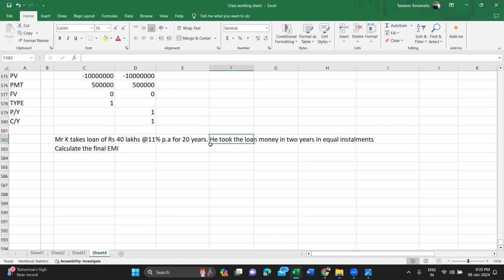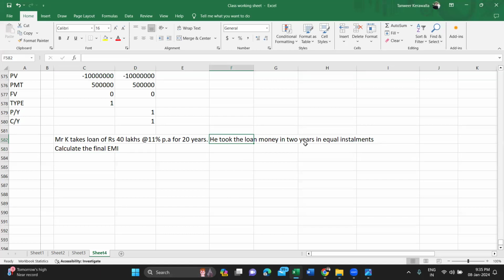He took 20 lakhs first and then 20 lakhs again from the same bank. So year one he took 20 lakhs, year two he took 20 lakhs in equal installments. Sometimes it happens that the loan money is not given in one shot; it is given in a stepwise format.